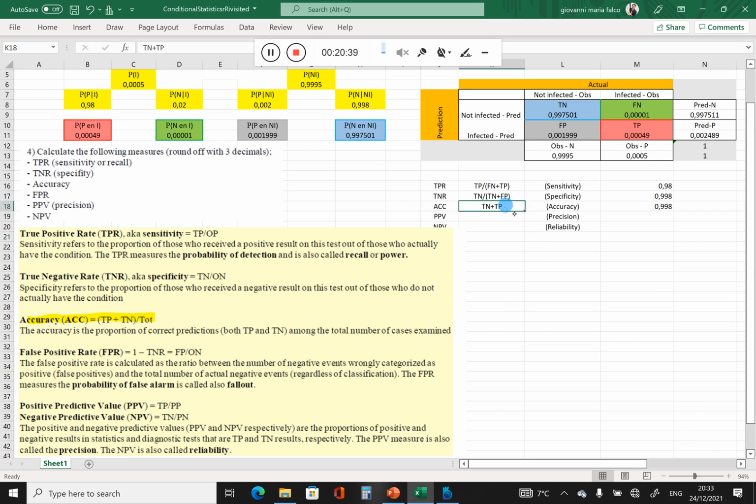And notice that in this case I have basically no denominator, because the total probability must be 1.